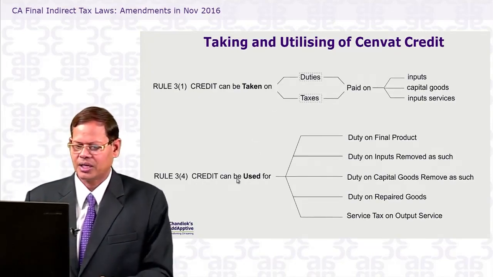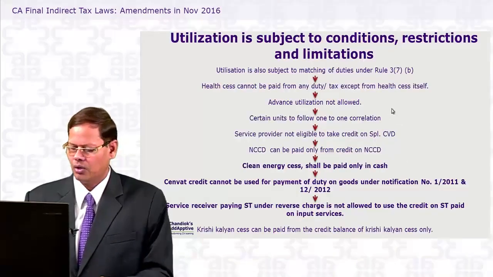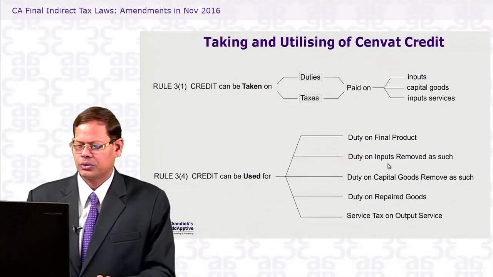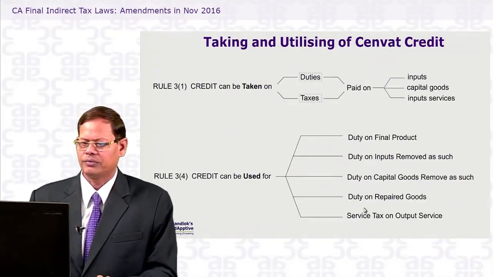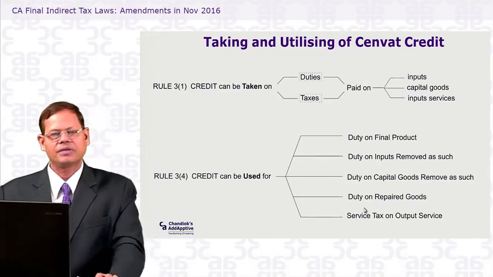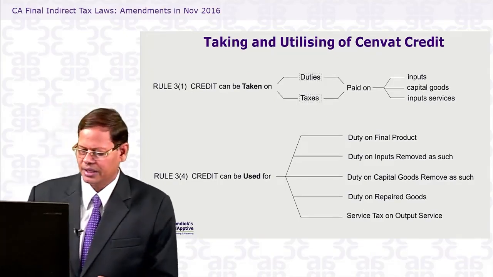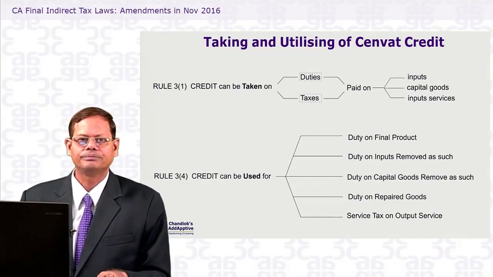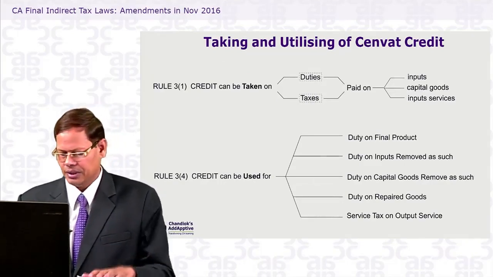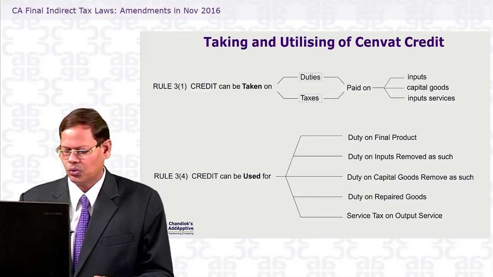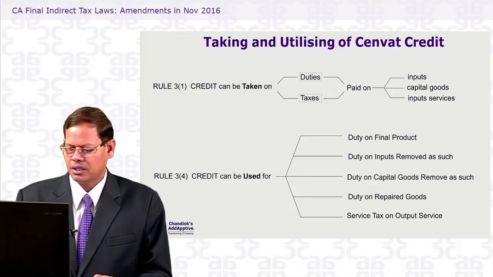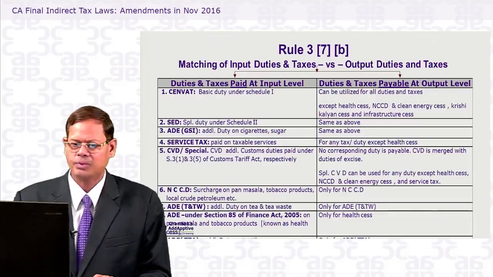And utilization can be for numbers 1, 2, 3, 4, 5. These are the 5 uses for which CENVAT credit can be used. And further, terms and conditions have been given. Before we go for the conditions, because with that it is complete, let's go for the matching principle.